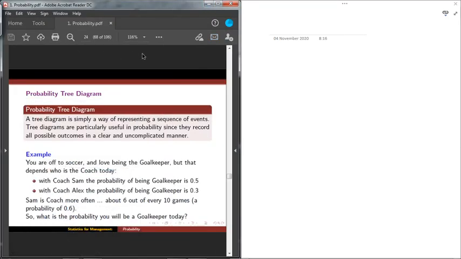Now, if I want to write this in terms of conditional probability, it's going to be like this. If you have any problem seeing my screen and my writing, please let me know.